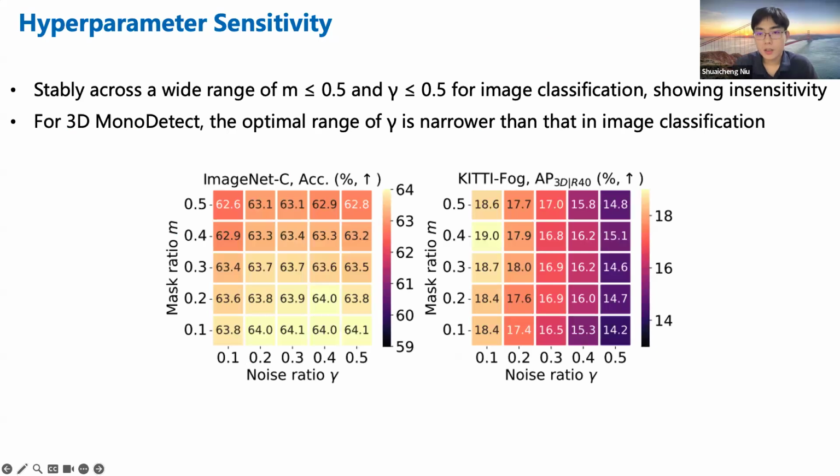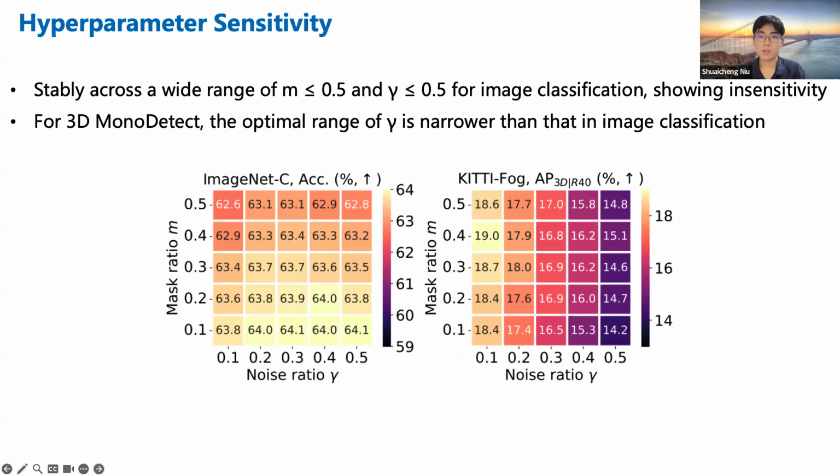Also, in this figure, we evaluate the hyperparameter sensitivity in SPA, including both the noise ratio gamma and the mask ratio m. We can see that SPA works well across a wide range of m and gamma smaller than 0.5 for image classification, showing its insensitivity.